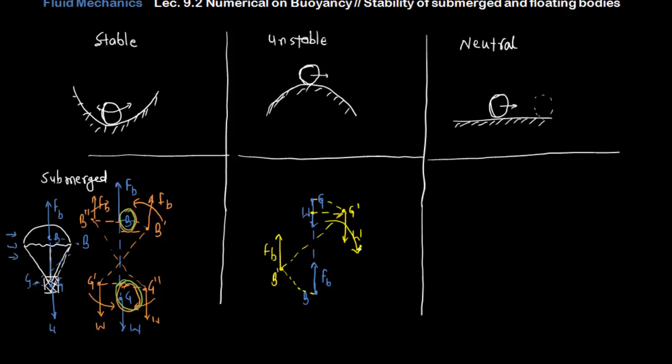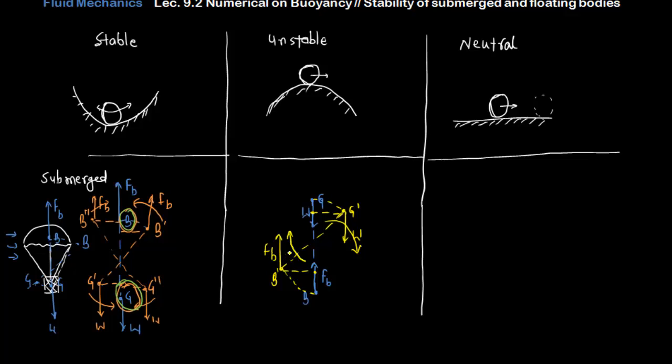So due to this clockwise moment, this body is going to be disturbed more and more. Similarly, this buoyant force into this distance about this point is also creating a clockwise moment. Okay, so this line is also going to be disturbed more and more. So in this case the weight and buoyant force are acting in such a way that they are simply disturbing the body more and more.